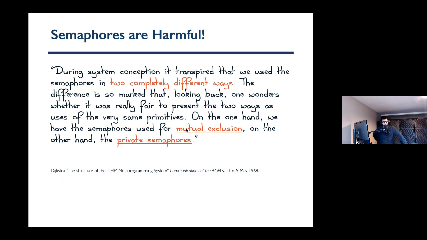He himself pointed out that semaphores ended up being used in 2 completely different ways. Basically, they are so powerful that you can use them in 2 different contexts. You can use them to create mutual exclusion, as you probably have seen. So you could have a binary semaphore and use it as lock and unlock.